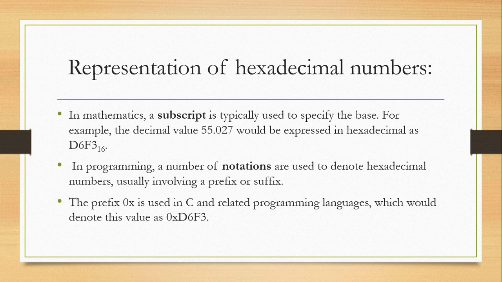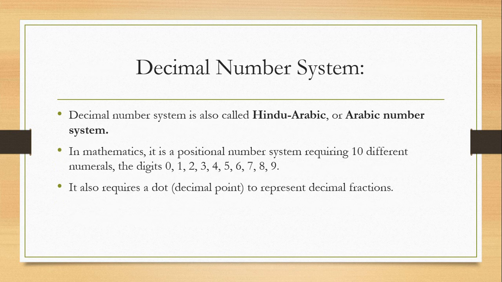The prefix 0x is used in C. C is one of the most widely used programming languages in the world, and we use the prefix 0x in order to represent a hex value in programming. The above example would be rewritten as 0xD6F3 in the language C.